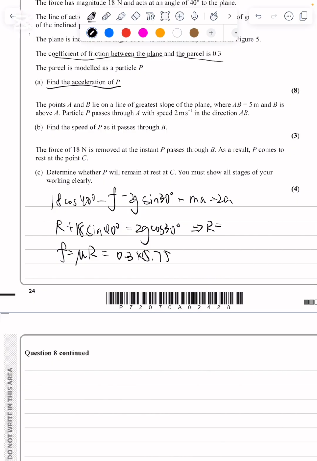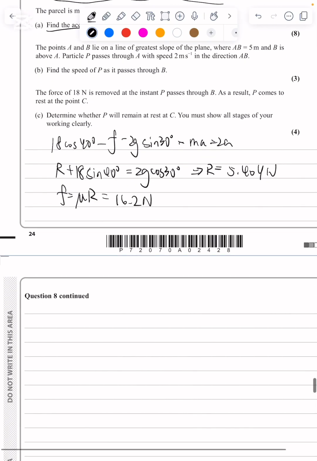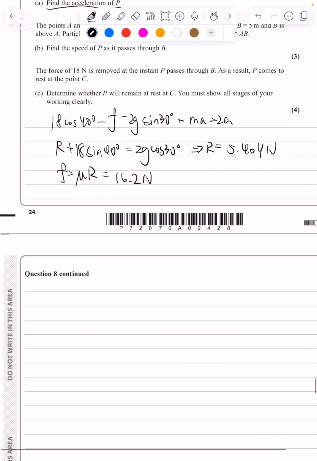So R should be 5.404. Then wait, no, that's times 0.3.